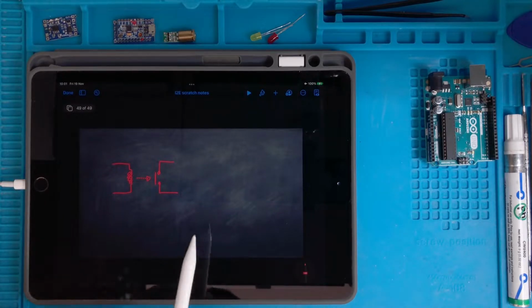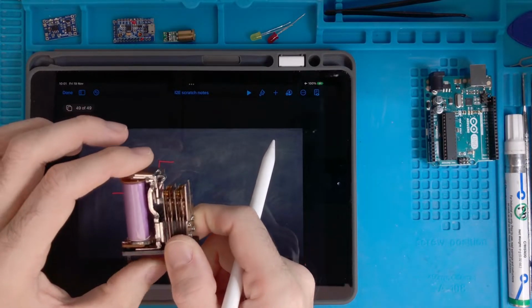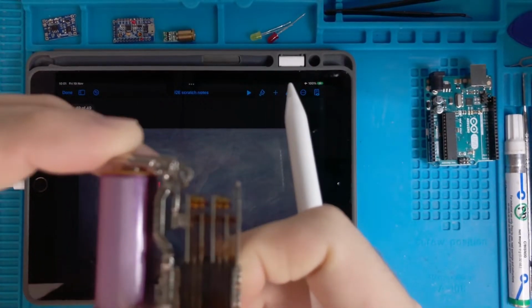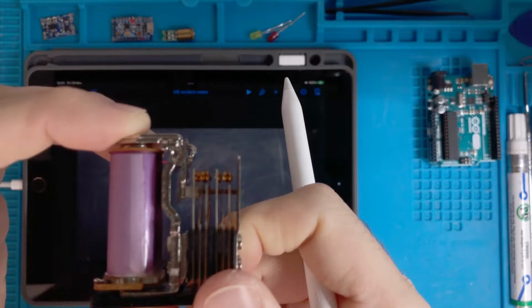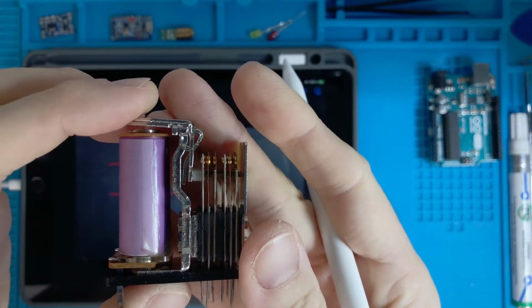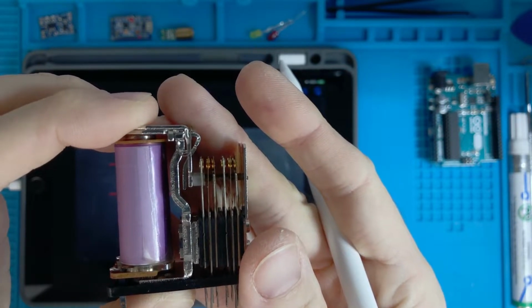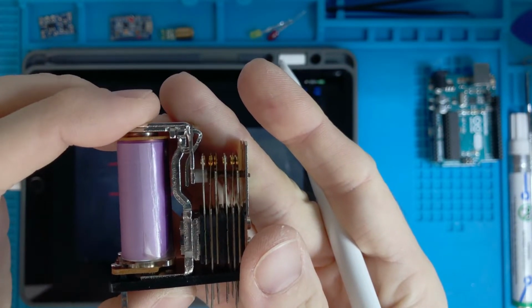So the lever can be arranged in different ways. For instance, you can make the lever open or close a contact according to how you arrange it. You see that when I push it, one contact is closing, the other one is opening.